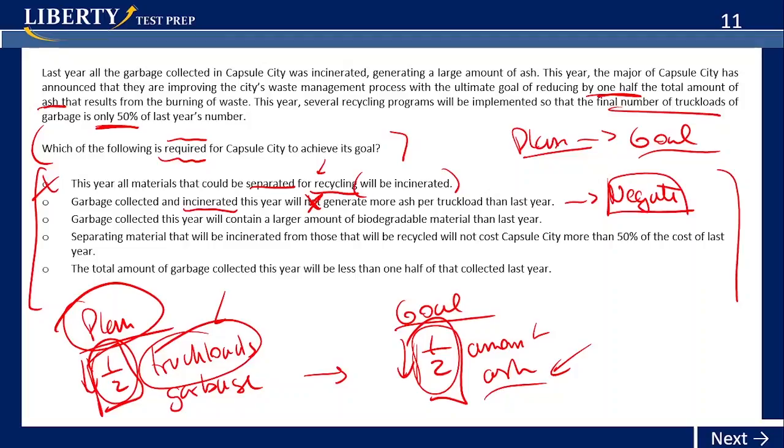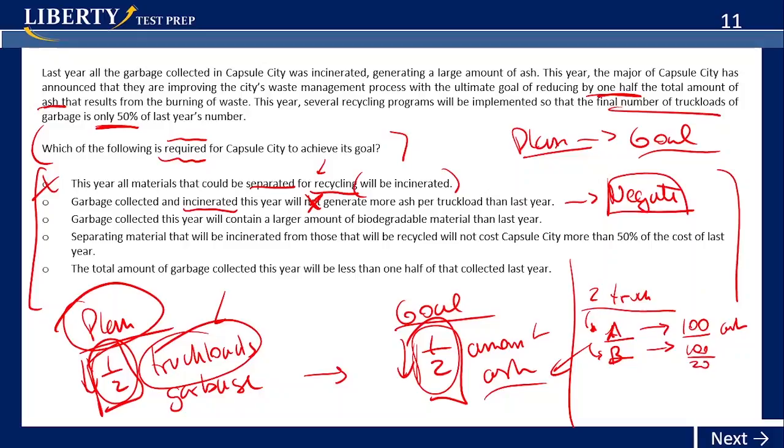Say last year you had 2 trucks, truckload A and truckload B. When you burn the contents of each truckload, you generated 100 pounds of ash. So by having 2 truckloads, you had 200 pounds of ash.